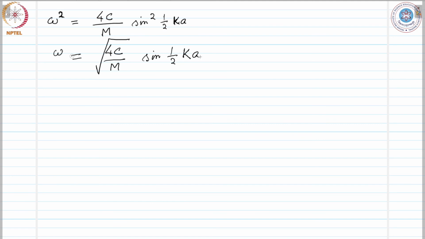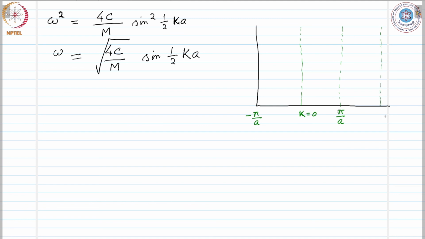If we now plot this quantity as a function of k, what do we obtain? Let's say k equals 0 here, k equals minus pi over a here, plus pi over a here, and twice pi over a here.